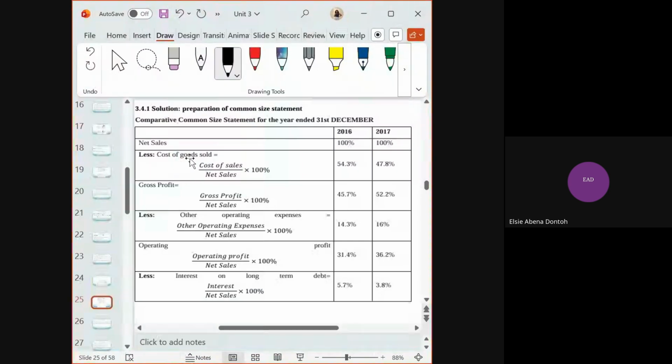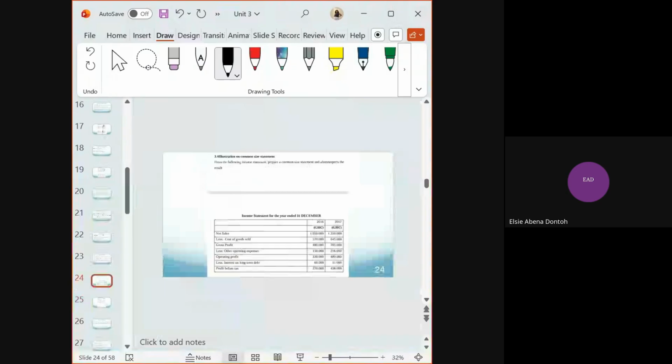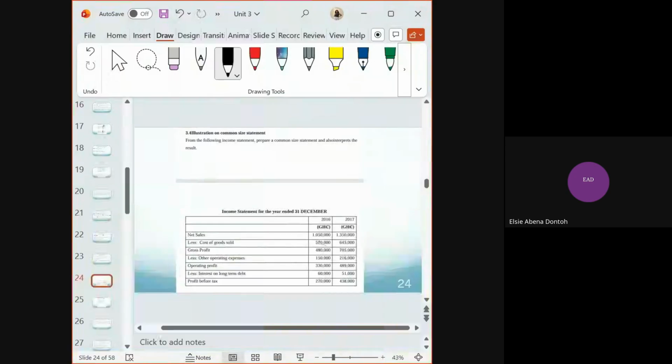So for cost of goods sold, it will be the cost of goods sold figure. What's the cost of goods sold figure? 570,000.